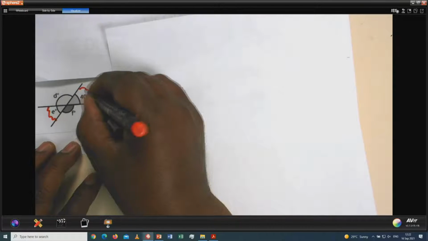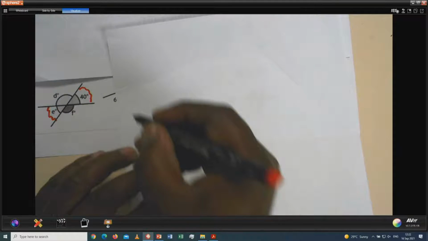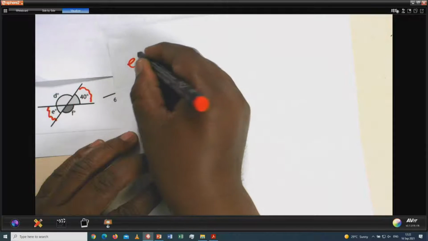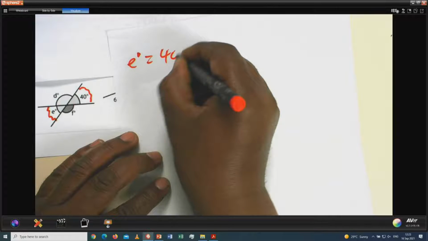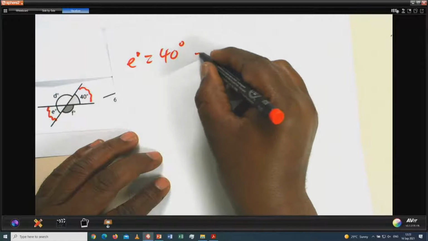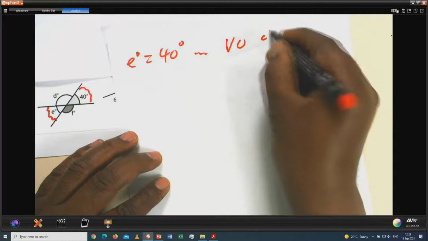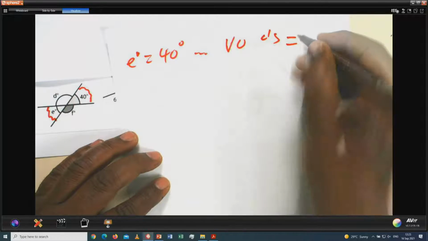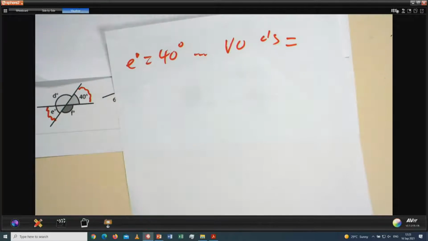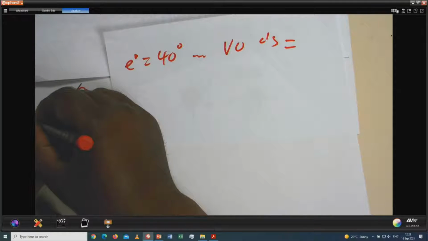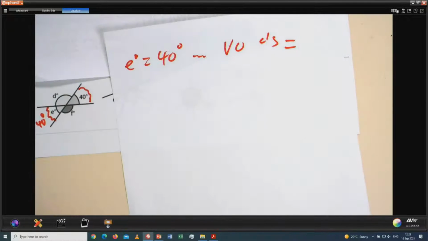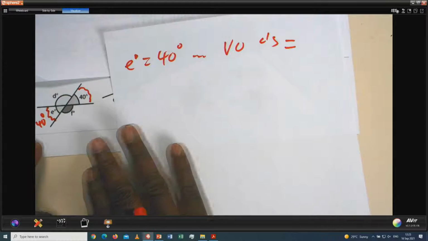Vertically opposite. What about them? Okay, you're saying E degrees is equal to 40 degrees. What is your reason? Vertically opposite angles are equal. Therefore, your E is 40 degrees. You see now. Step by step.